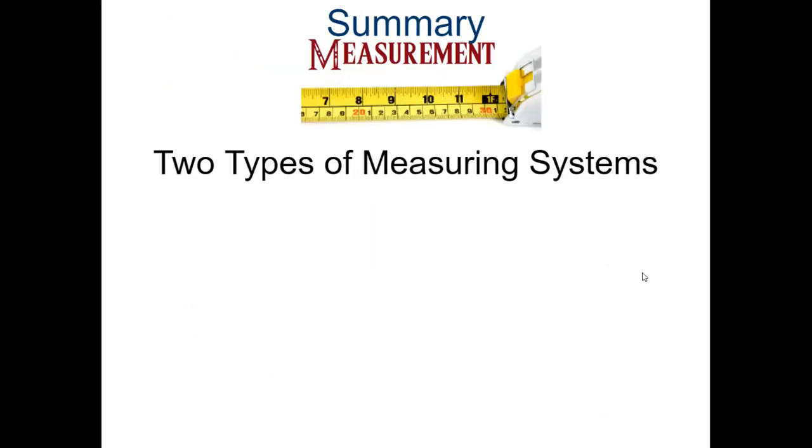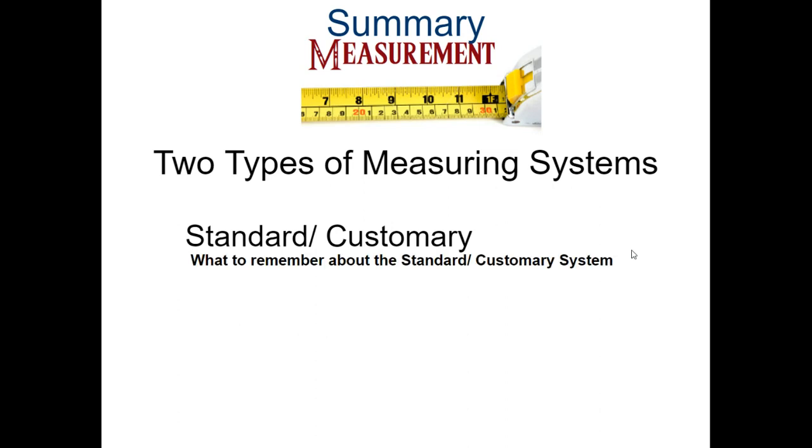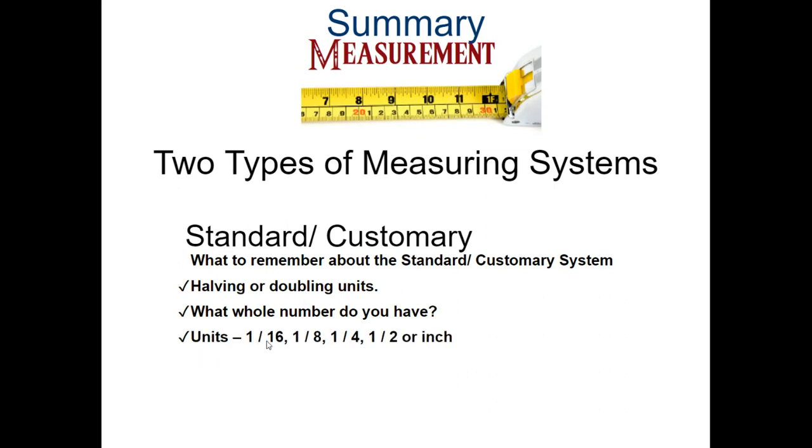So here's a summary. We went over that there are 2 types of measuring systems. Today we went over the standard customary system. What to remember about the standard customary system? You're halving or doubling units. What whole number do you have? Your units are going to be either 1/16, 1/8, 1/4, or 1/2 of an inch. You can count each line and then reduce the fraction, which is what we did in the examples.